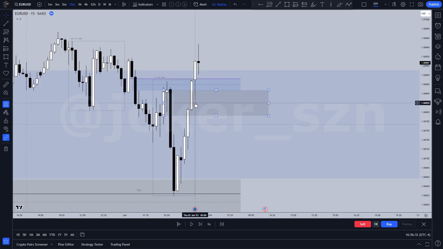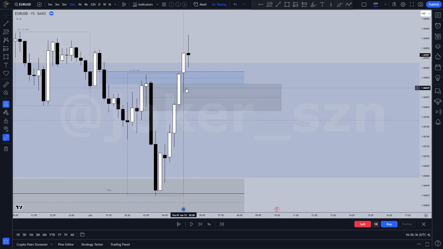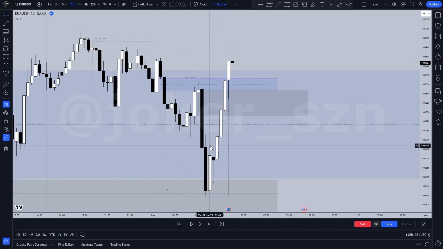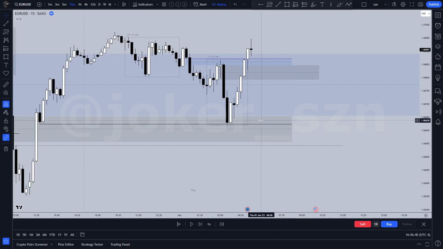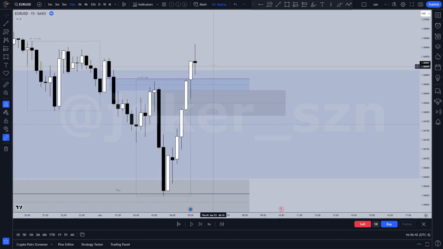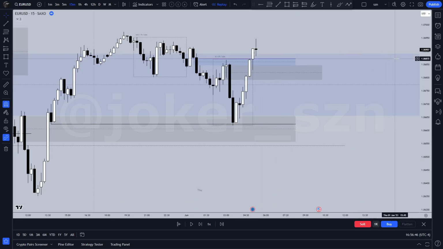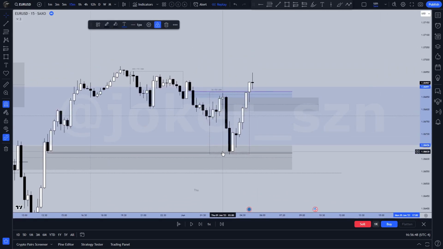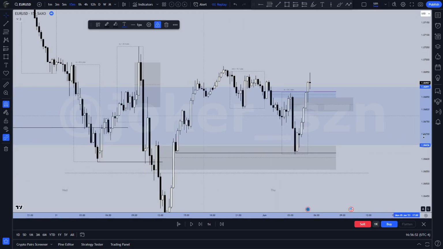So there we go. You can see how we use the breaker, the upper half here, as support, and then we trade up higher, right? But again, we are now out of the kill zone, so we want to wait for New York to play a potential continuation, as we are now expecting that this is going to be the low of the day, right?